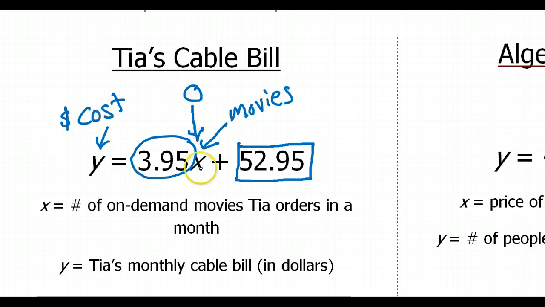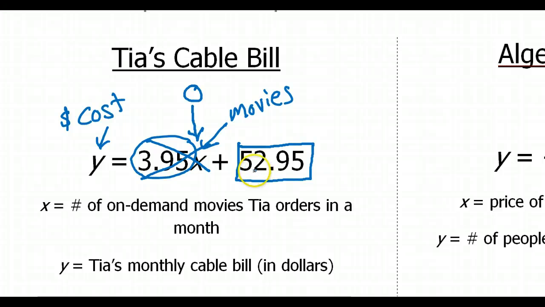What does it mean for x to be 0? In this case, x is movies. So if x is 0, that means no movies. So this part of the bill goes away, the $3.95 per movie, because there are 0 movies.